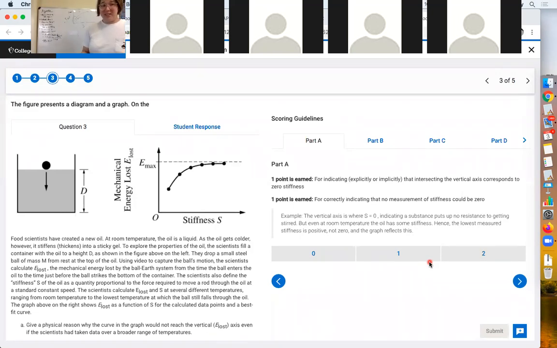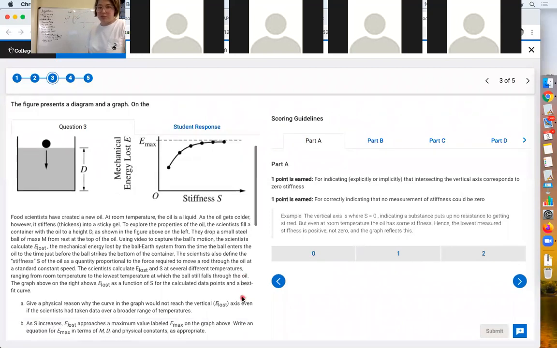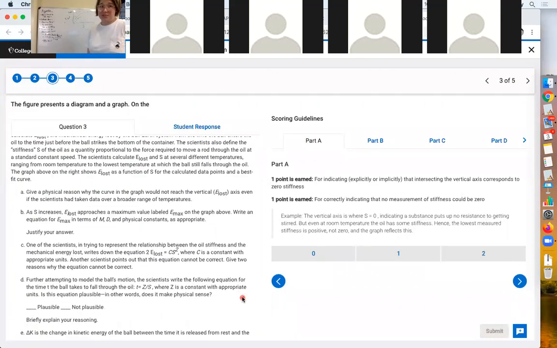There's literally nothing there. And so that's ultimately why we can never get to this y-axis: because the oil exists, our stiffness will never be 0. And so that's what they mean by a physical reason. It physically cannot have a stiffness of 0. And so that's for A.